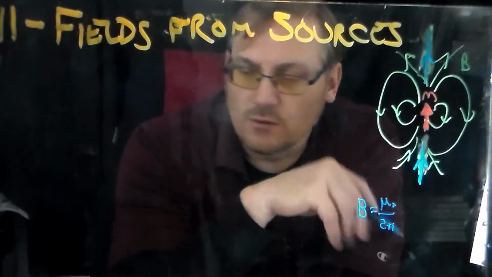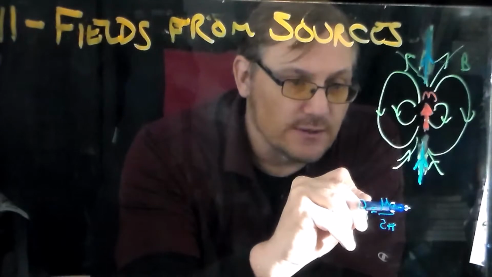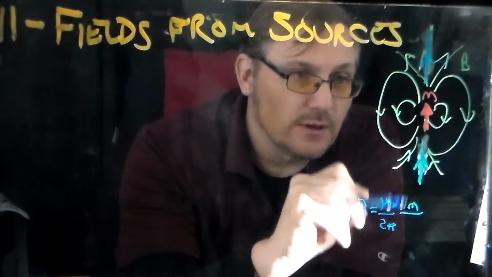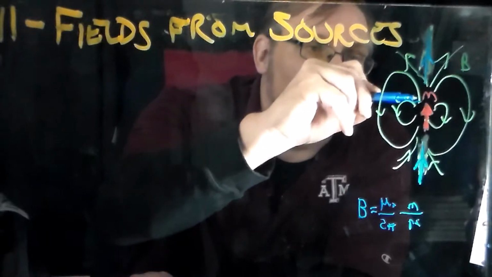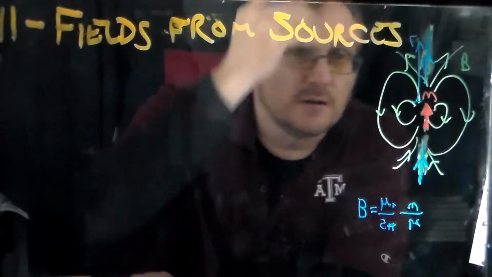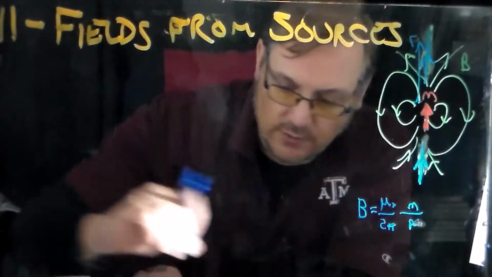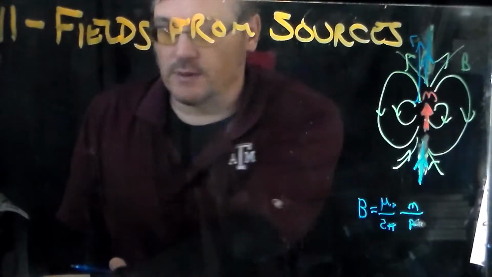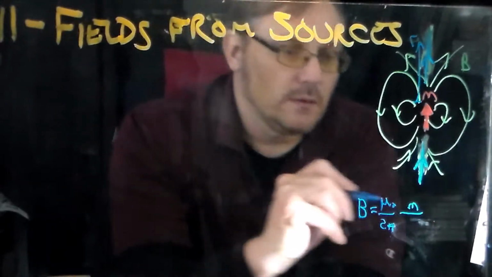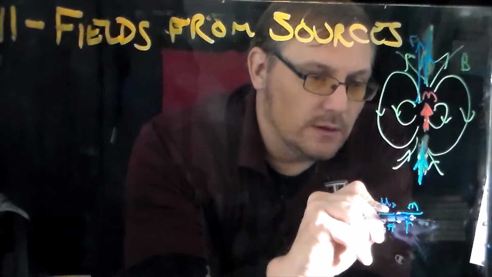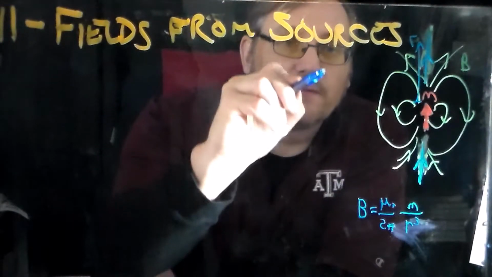So we've seen this before, but it drops off as magnetic moment m over r cubed, where r is the distance along this line. So it drops off as r cubed. So it drops off very rapidly.